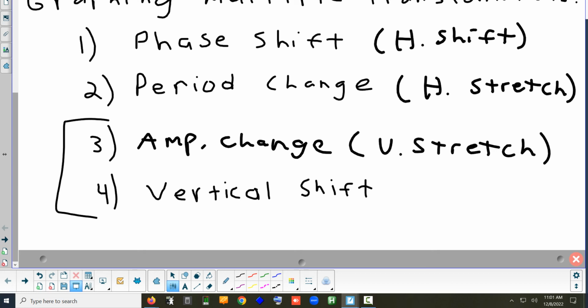Okay? Same with 1 and 2. If you have multiplication and addition, then you have to follow the order. For horizontal, you need to add or subtract first, then multiply last.